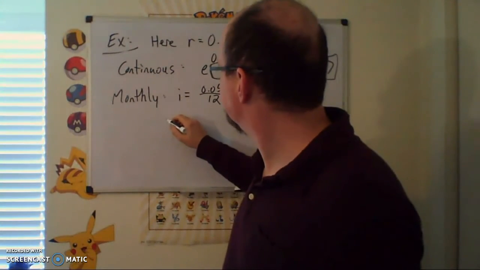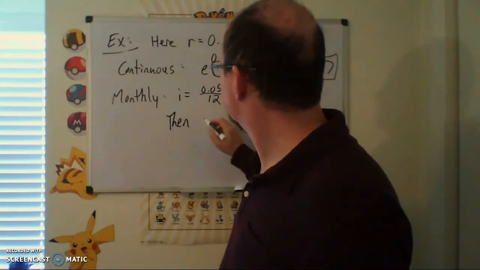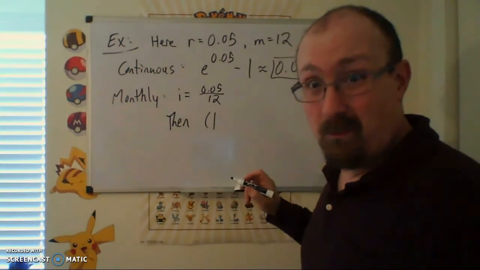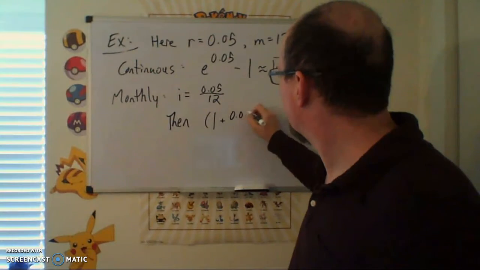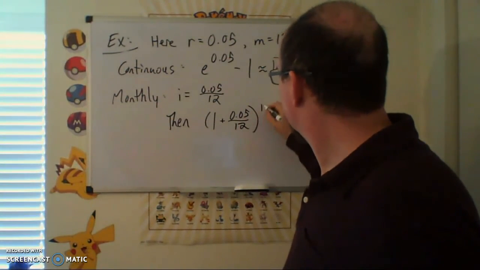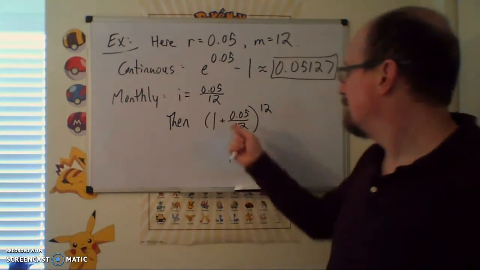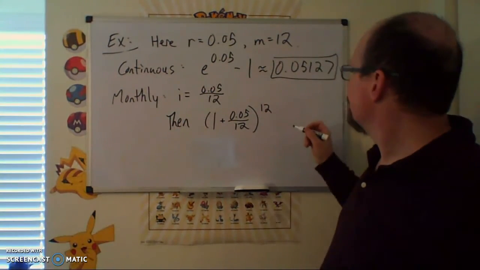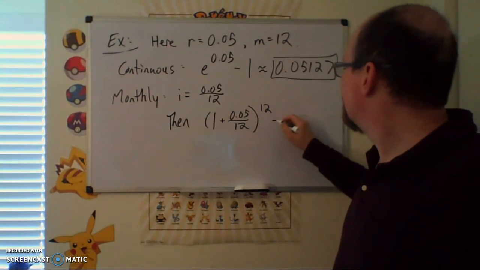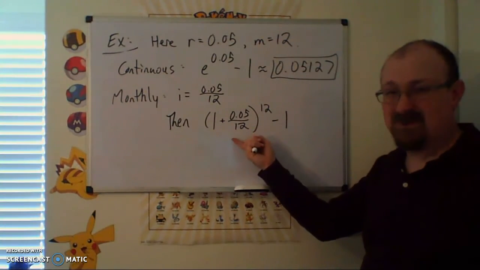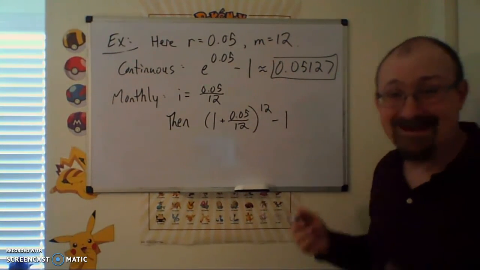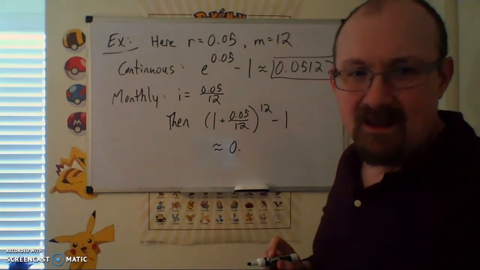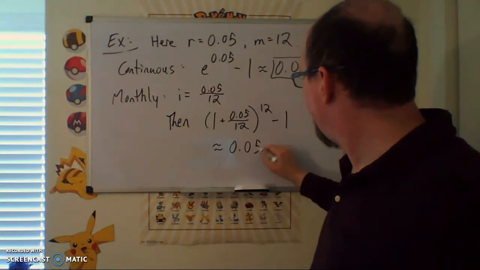So we get an APY of 1 plus our periodic rate, 1 plus 0.05 divided by 12, raised to the 12th power, and then minus 1, because this is always going to be a number bigger than 1, so you want to subtract 1 away to see the percentage growth. When I do this, I get 0.05116.